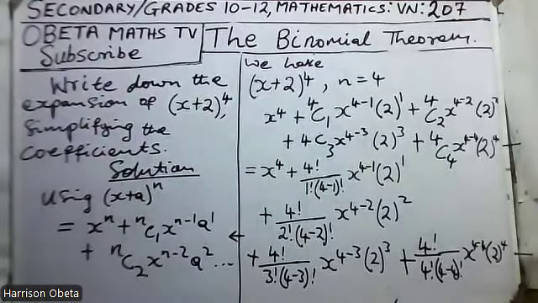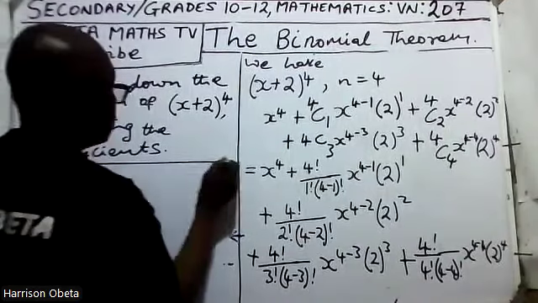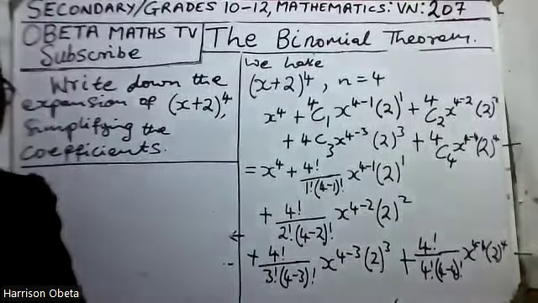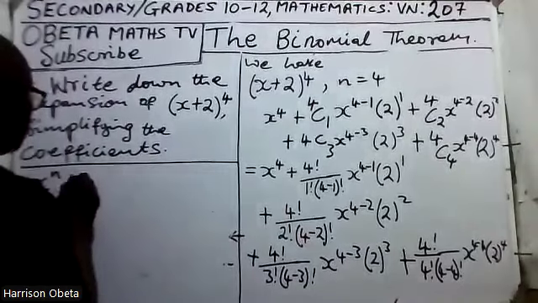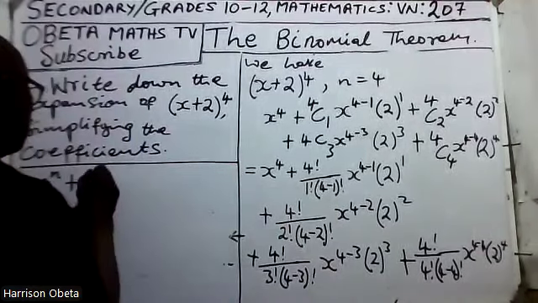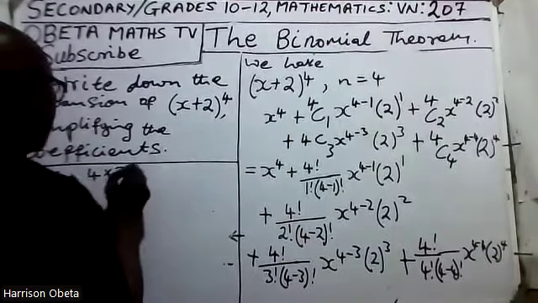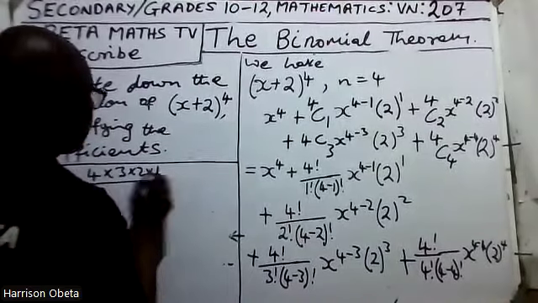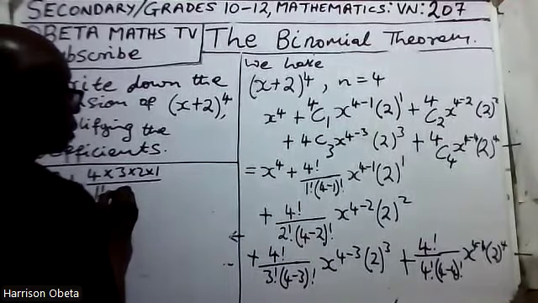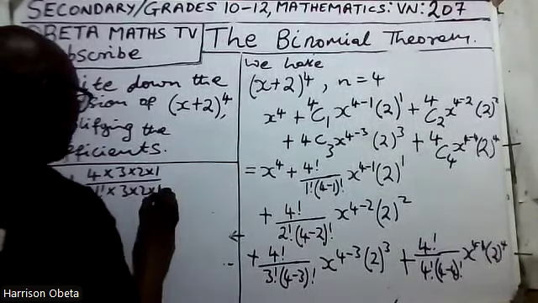We are coming back to simplify. So coming back here, we have from here now, x raised power n plus 4 minus 1 is 3 plus 4 times 3 factorial, or if you like, 4 times 3 times 2 times 1 all over 1 factorial, which is 1 times 1. 1 factorial, this should be 3 factorial times 3 times 2 times 1.